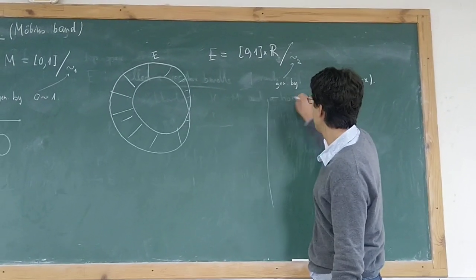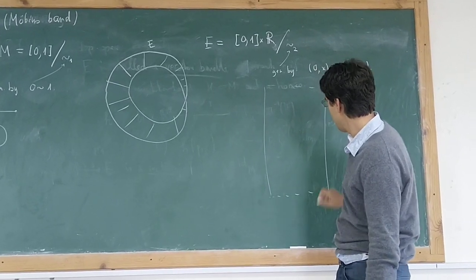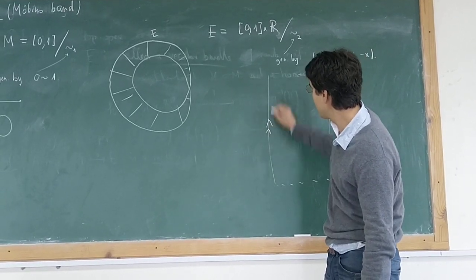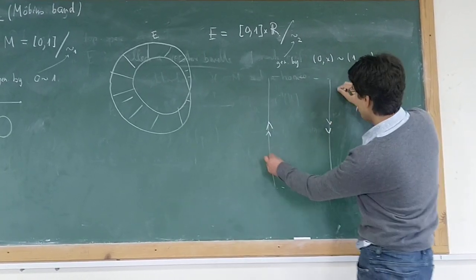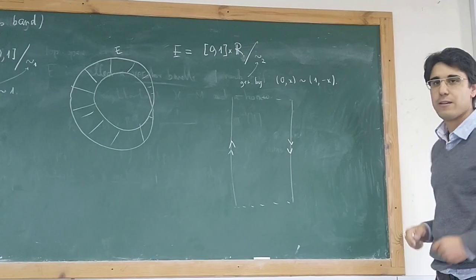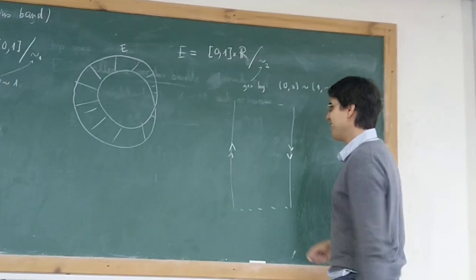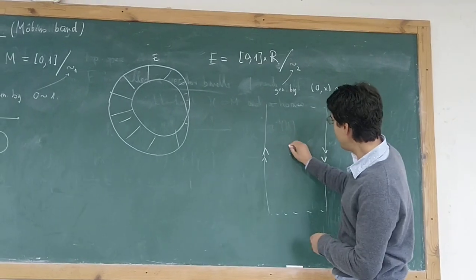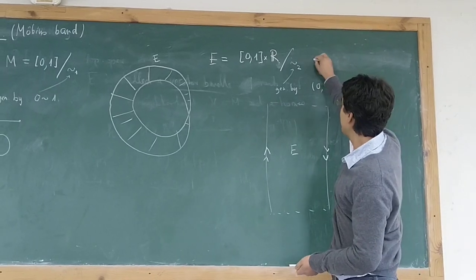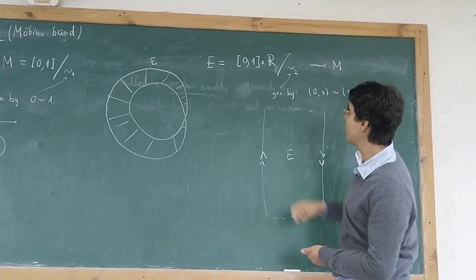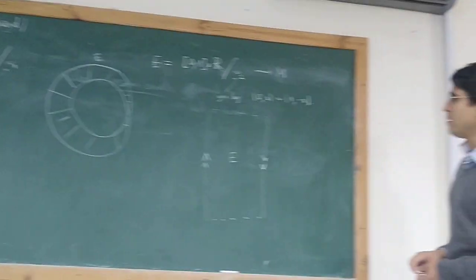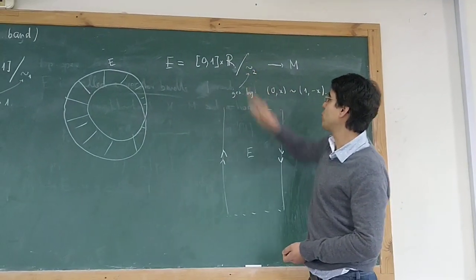The picture of this is: this is R, this is [0, 1], and then we identify this thing with that. So these points are identified, and these points, and these points. If you do it, you get exactly this, which is how you do it by hand. So this is E. And because of the way the equivalence relation is, there is a well-defined map into M, just given by projecting onto the first component. We need to check that this factors through the equivalence relation.